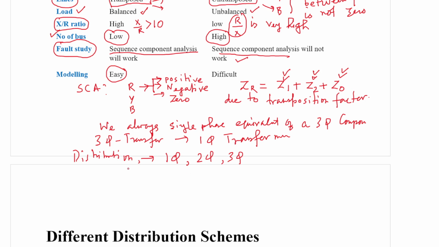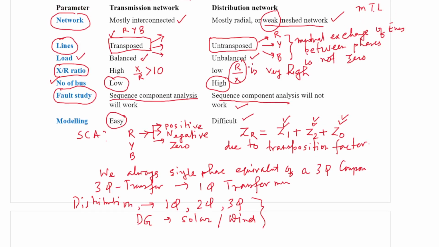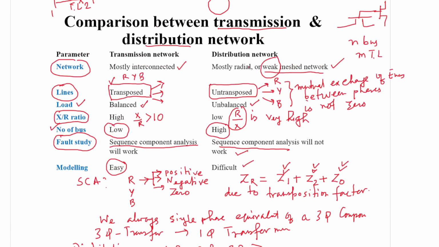On the distribution side, there are also many additional entities like distributed generation, maybe solar energy or wind energy. So due to these facts, modeling of the distribution network is not as easy as compared to the transmission network. These are a few comparisons between transmission and distribution networks.